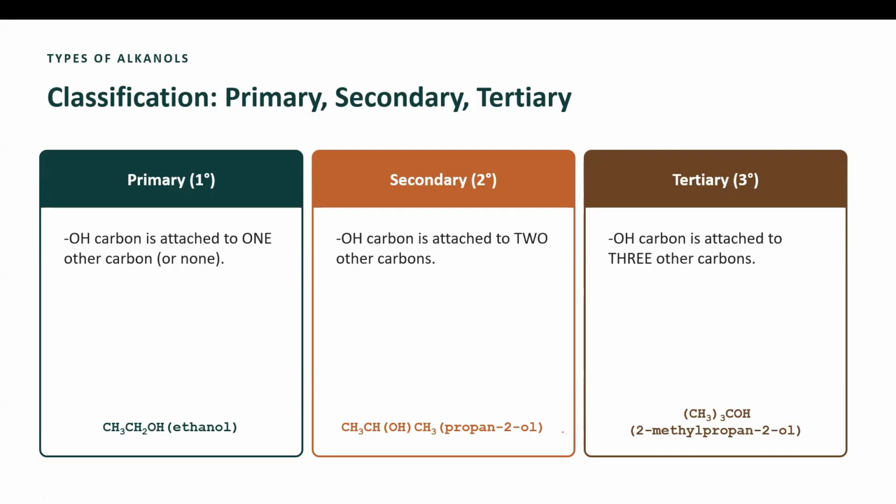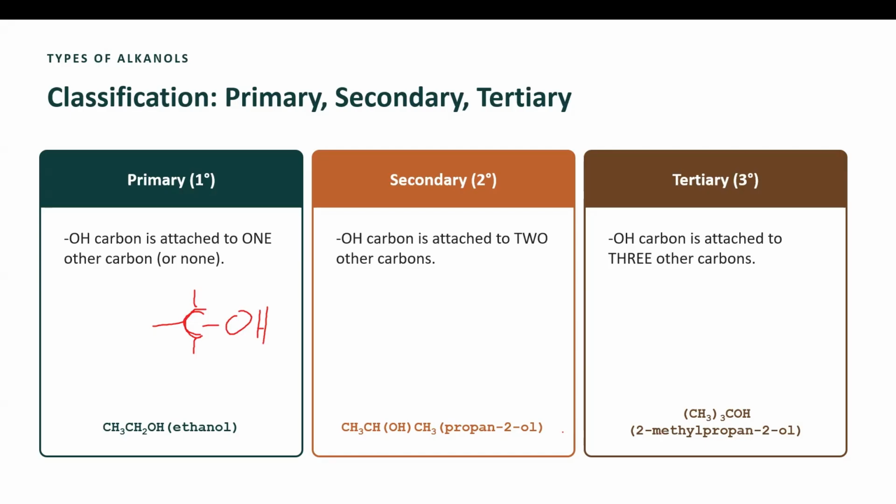To identify the type, or class, of alkanol, you are supposed to look for the carbon bearing the OH group. For example, if this is carbon and this is OH, and this carbon is bonded to some other things, this carbon is what will determine if the alkanol is primary, secondary, or tertiary.